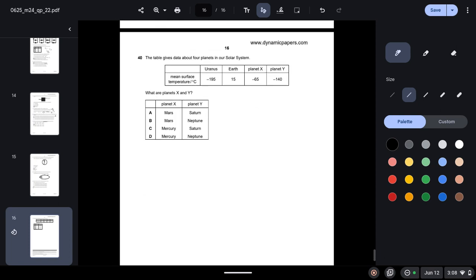The last question of this paper: the table gives data about 4 planets in our solar system. What are planets X and Y? Okay, so they have given us information for Uranus and Earth, and then there are 2 other planets.